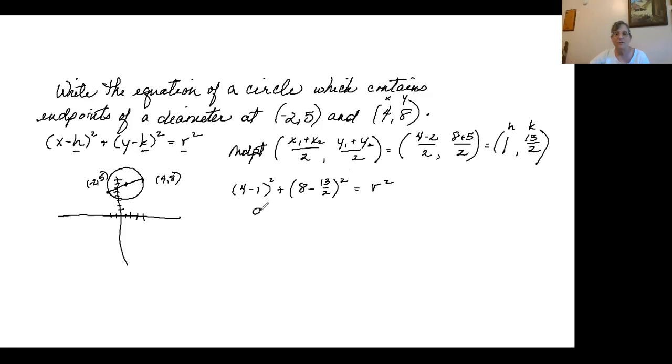This is 3 squared is 9. Plus, let's see, 8 over 1 minus 13 over 2 would be 16 over 2 minus 13 over 2, which is 3 over 2. And 3 over 2 squared is 9/4.